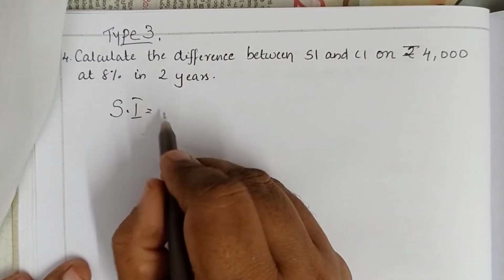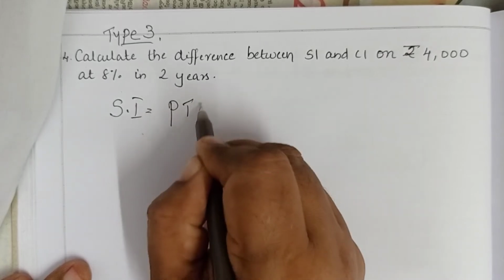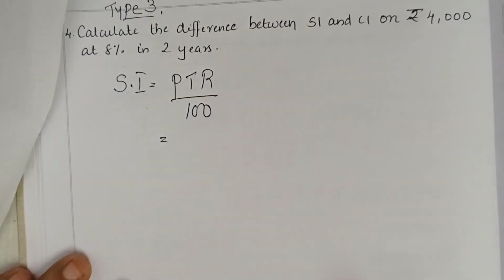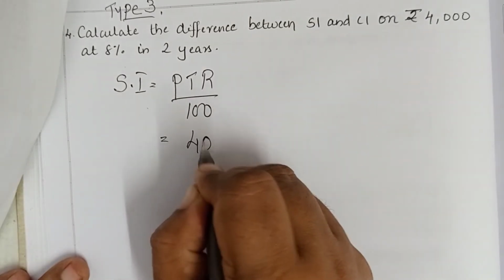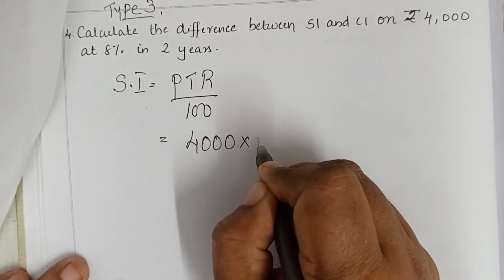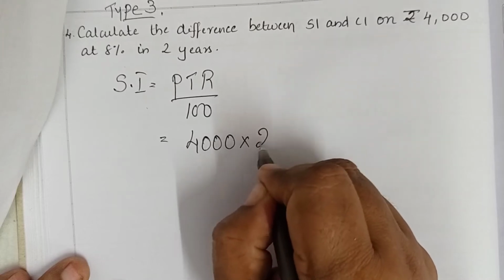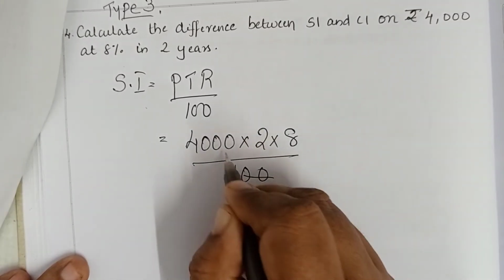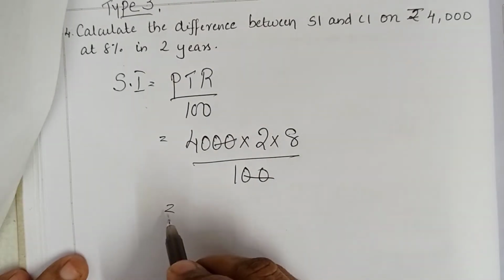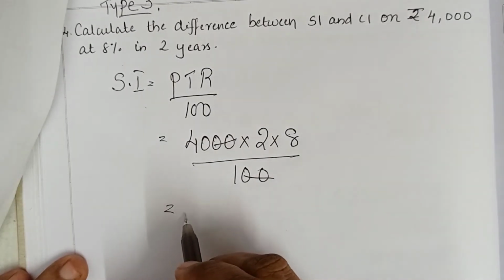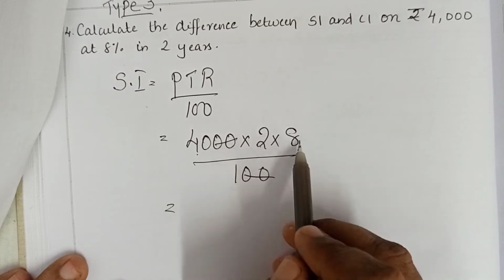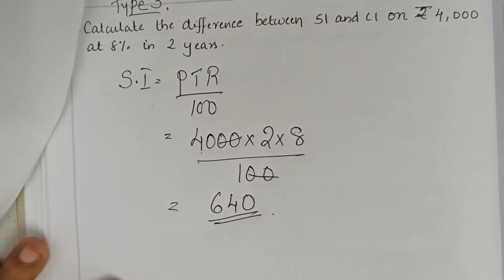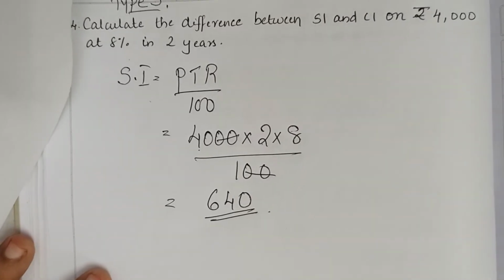What is the simple interest formula? Yes, PTR by 100. That is very simple. That is 4,000 into time 2 into rate 8 by 100. 100 cancel. What's the final answer? 4 2s are 8. 8 8s are 64 and put 1 0. Is it 640? Yes, 640.